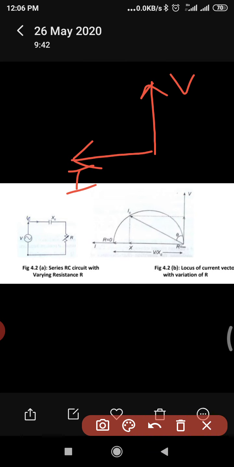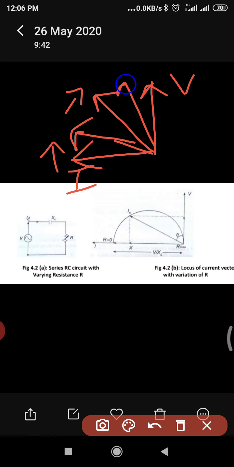Suppose R increases a little bit, then the phasor diagram is like this. That means the phase angle varies a little bit to this side, and if you increase the resistive value further, it changes a little more like this. And when the resistance becomes maximum, that means there is negligible capacitance, then the current is in phase with the voltage.